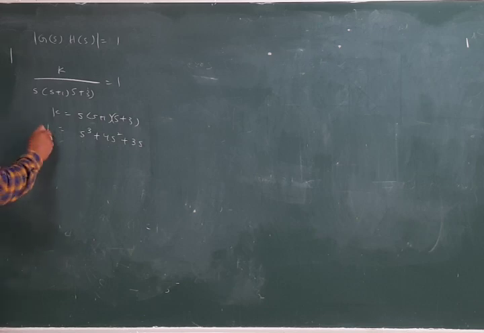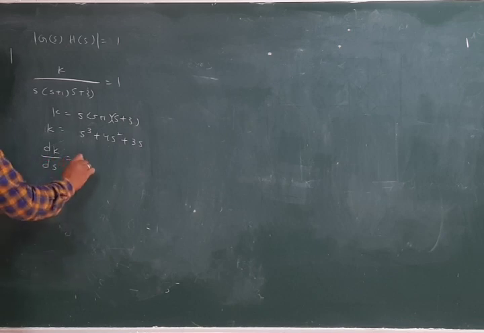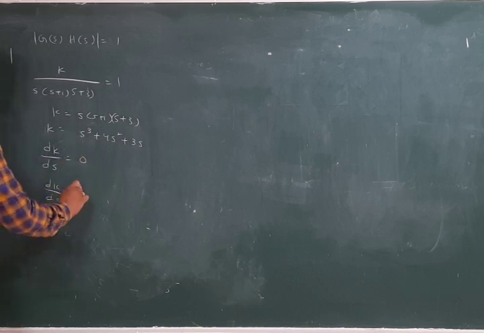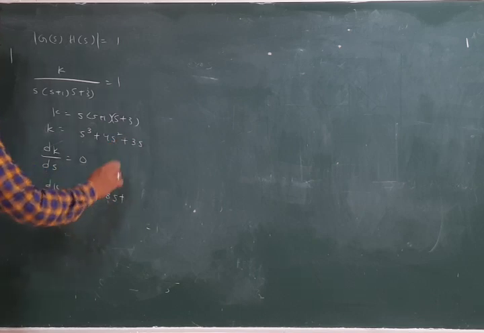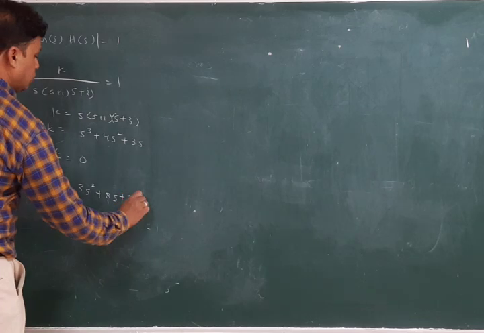That is your k value. Now we have to do dk by ds is equal to 0, so you have to differentiate it. dk by ds is equal to 3s square plus 8s plus 3 is equal to 0.